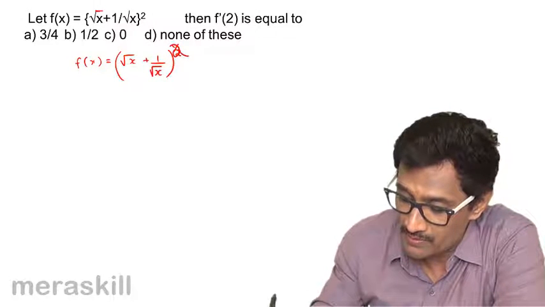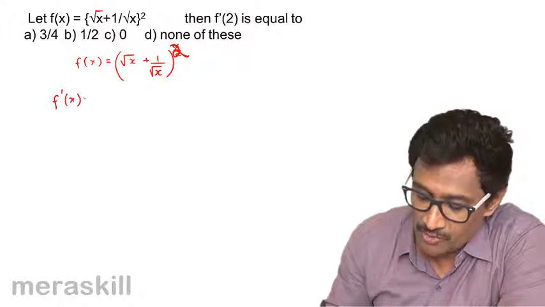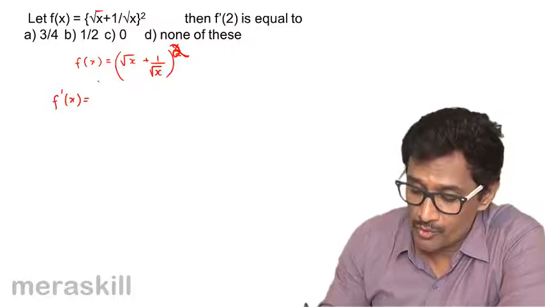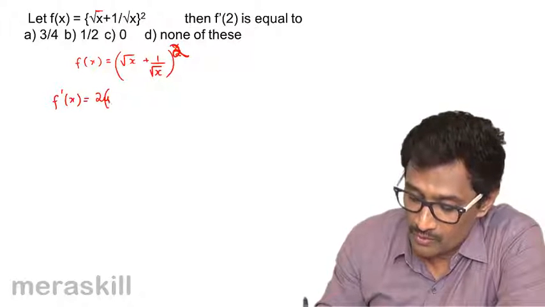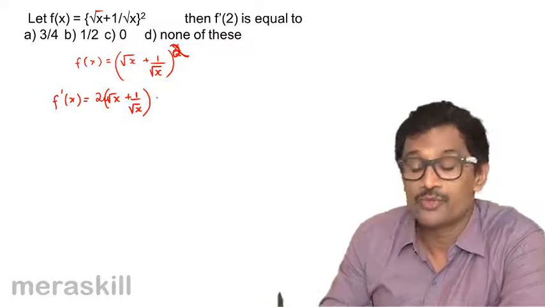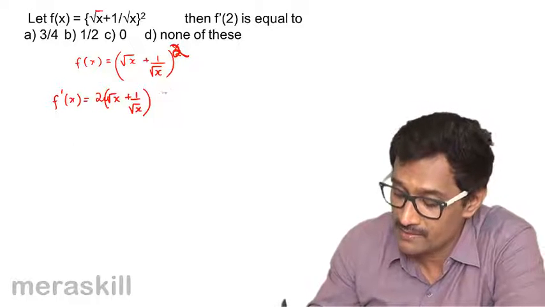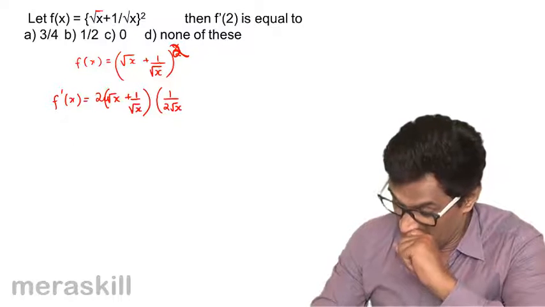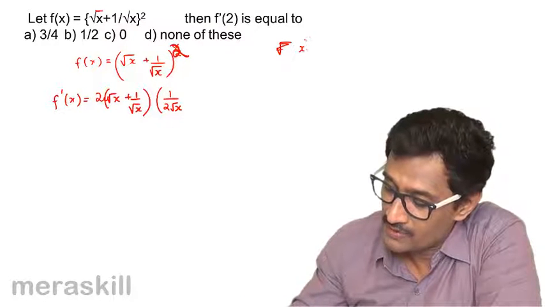Sorry, this is square. So f dash x has to be first, suppose this is u, so u square, so it's 2u, that is 2 into root x plus 1 upon root x raised to 2 minus 1, and then d by dx of this. d by dx of root x is 1 upon 2 root x, and d by dx of 1 upon root x, if you remember, this can be written as x raised to minus half.